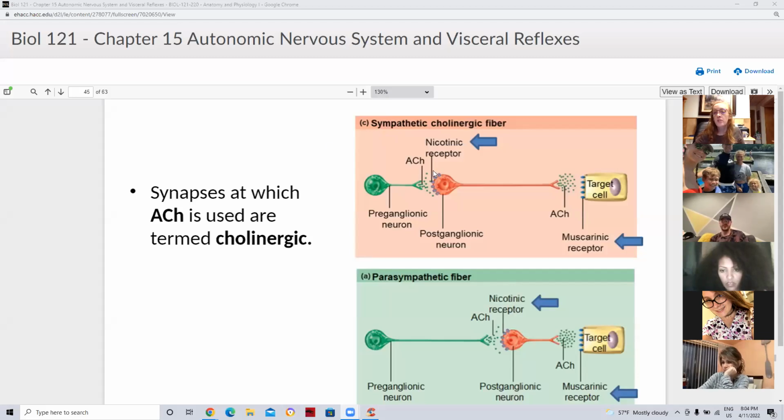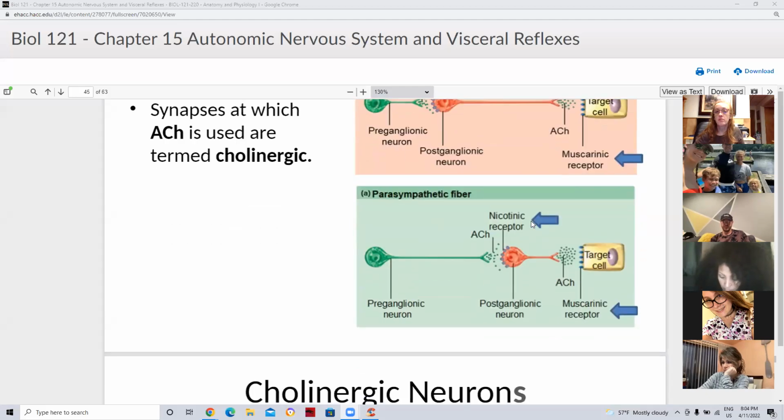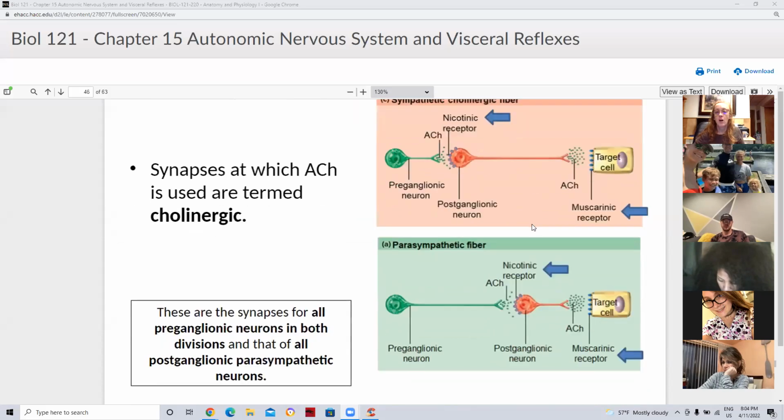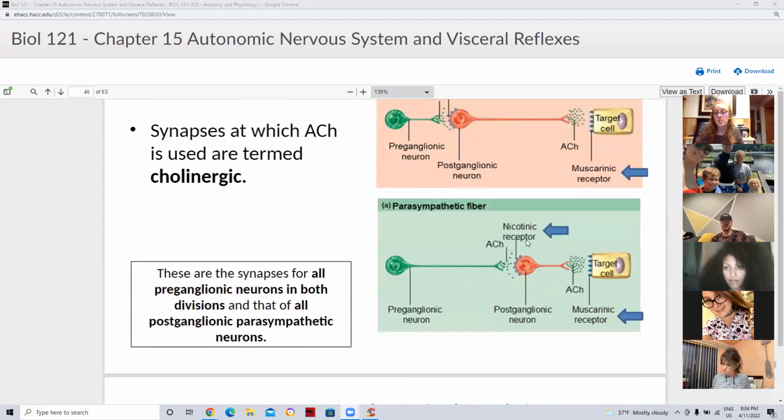So nicotinic receptors and muscarinic receptors. Synapses for all preganglionic fibers in both divisions, both the sympathetic and parasympathetic nervous system, and all those postganglionic fibers are going to be cholinergic synapses. So the synapses are named according to what receptors are present.